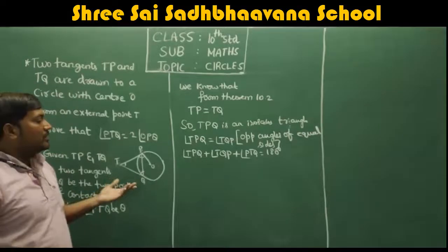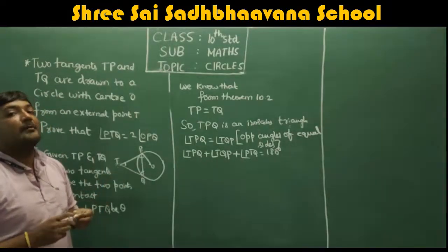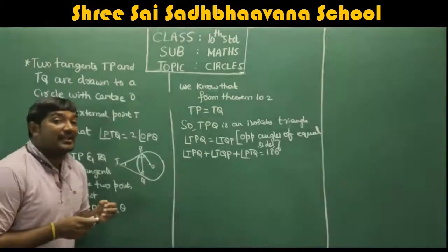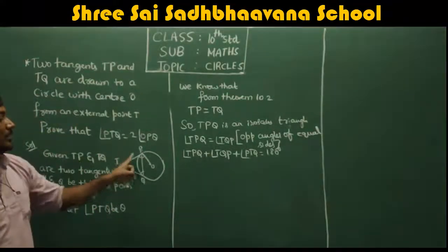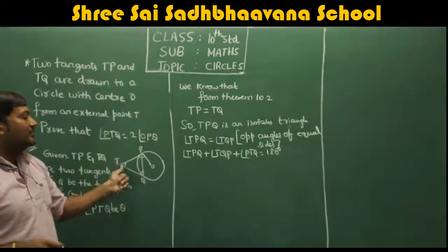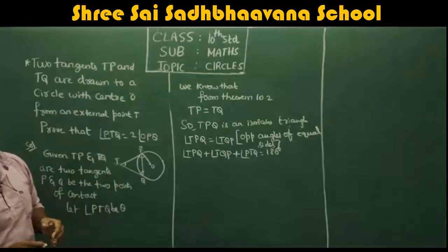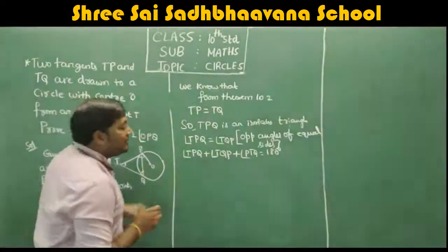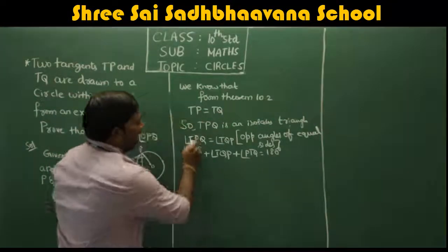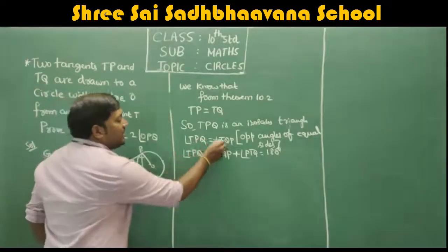And also we know a very basic thing about the triangle: the sum of all the interior angles of a triangle is 180. What are the interior angles of this triangle? TPQ, TQP and PTQ. All the sum should be equal to 180. And as we know these two are equal, you can write TPQ in the place of TQP.